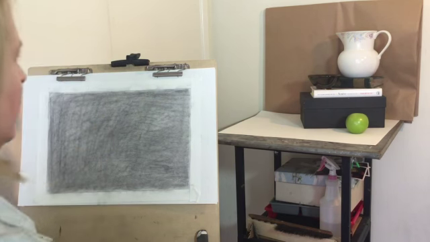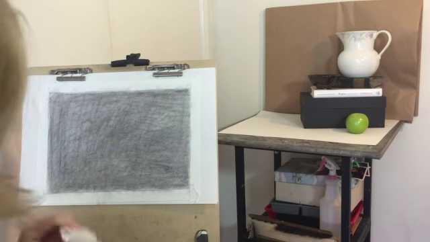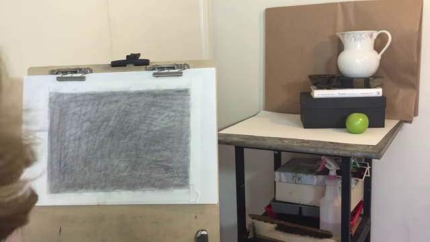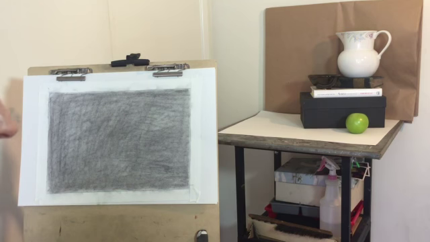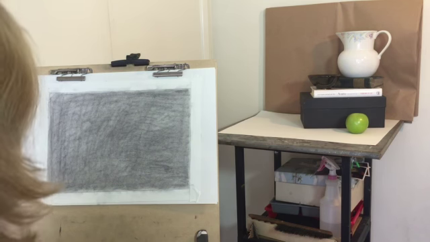I get a little more control with them. The next thing I'd say is hold on to your paper towel and keep your vine charcoal with you. It's really easy to repair mistakes with that, if you want to call them mistakes, or make adjustments, I should say, with your vine if you erase too far.